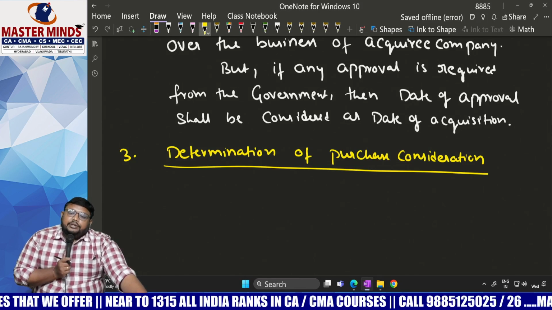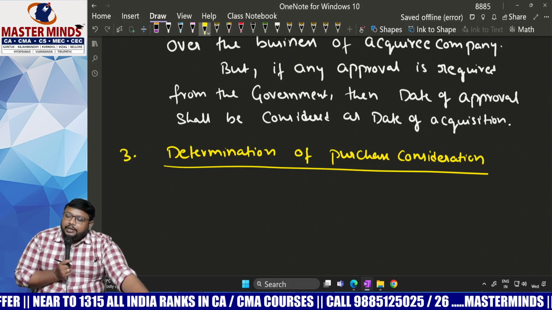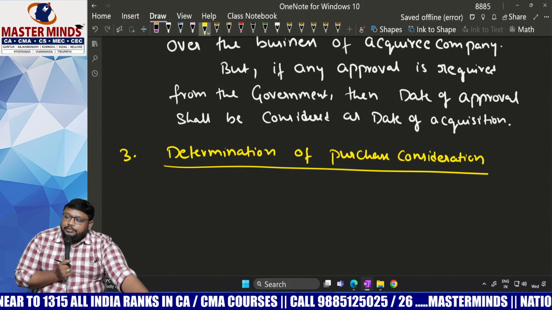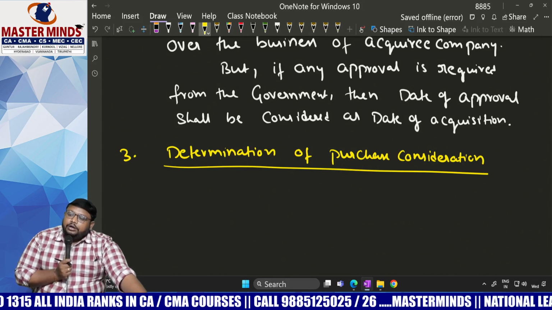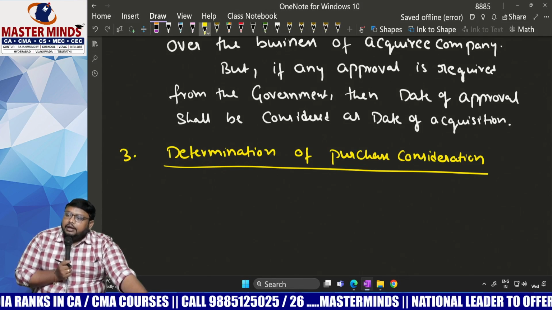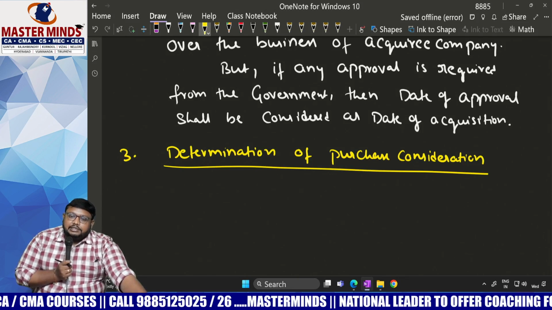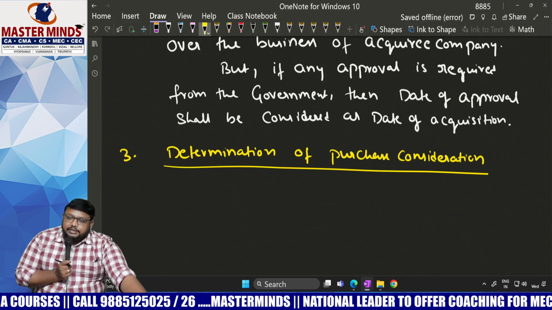Generally in the question they will give you the purchase consideration. If not, how to apply the net payment method? Have you remembered the net payment method? How much cash you are giving, how many assets you are giving, how many equity shares, how many preference shares, how many debentures you are giving, if you add all these things, we will get the purchase consideration.